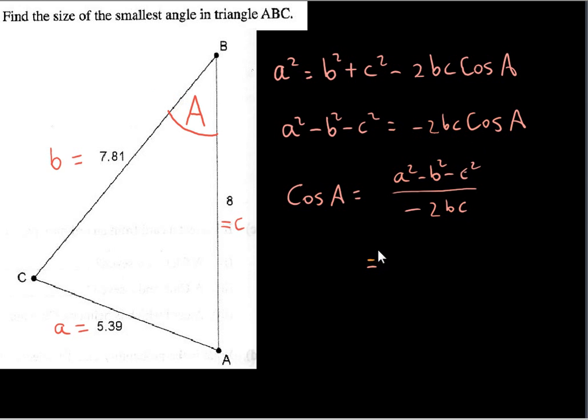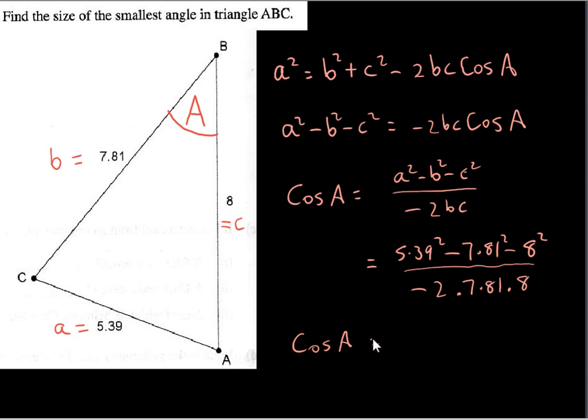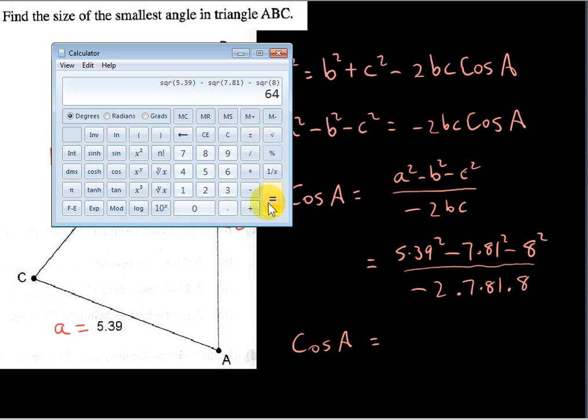So we just fill in the values. Small a is 5.39, small b is 7.81, small c is 8, so we calculate all of this. That's the numerator, it's everything on top, and we divide that by this quantity here, minus 2 times 7.81 times 8.